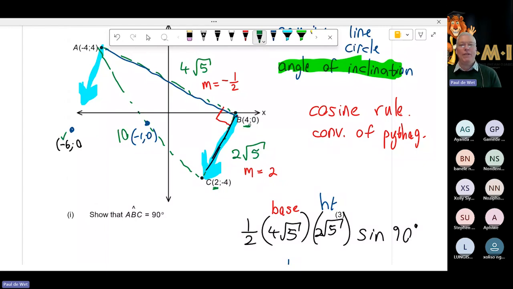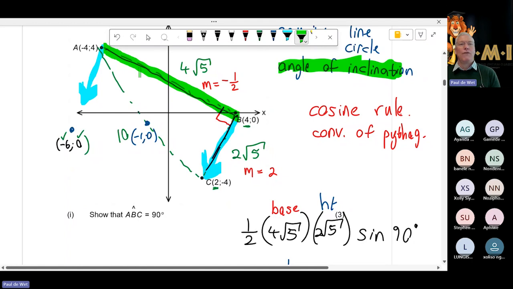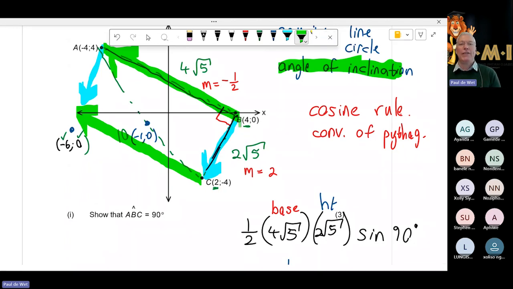It gets smaller by 4, and so this one must get smaller by 4, and I get that point. If you wanted to check yourself, you could do exactly the same with these two sides. When we go from B to A, the same thing must happen as when we go from C to B. How much has the x changed when I go from B to A?